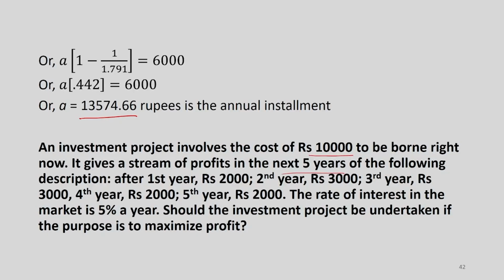After 1 year, 2,000 rupees. After the second year, 3,000 rupees. After the third year, 3,000 rupees. After the fourth year, 2,000 rupees. And after the fifth year, 2,000 rupees. The rate of interest in the market is 5% a year.